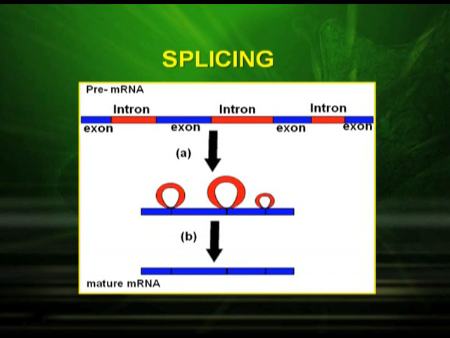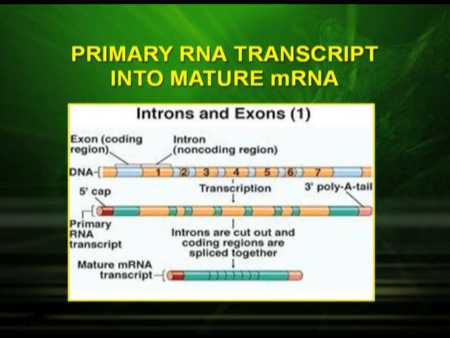So, the introns form bubbles in the spliceosomes, they are cut, and ultimately you get a mature mRNA having only the exons. The next diagram clearly shows how the primary RNA transcript gets transformed into a mature mRNA. The mature mRNA, that is the transcript, contains only the functional exons which are expressed.